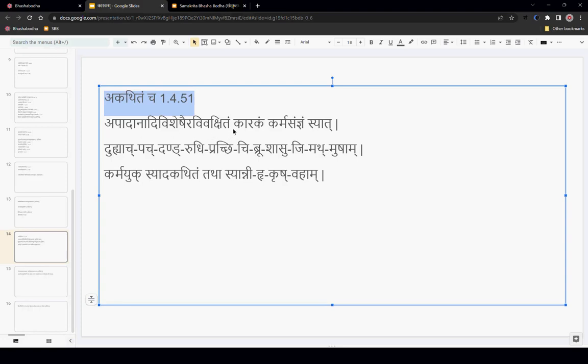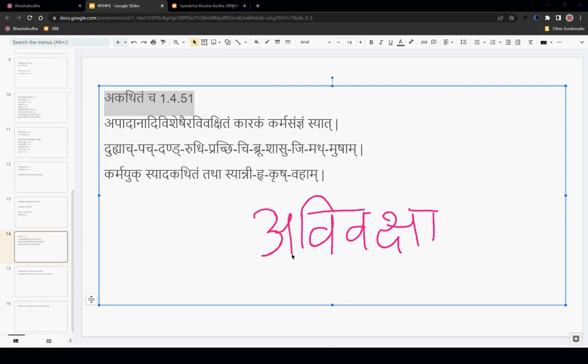Apadanadi visheshaihi avivakshitam. Avivakshitam. What is vivaksha again? Vivaksha. Vaktum ichha. Intent to say. Intention to express. So avivakshitam, not intended to say.